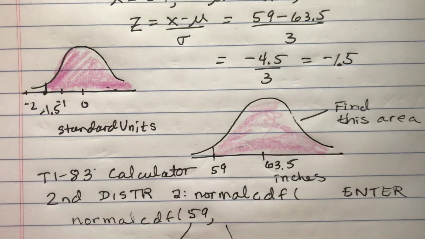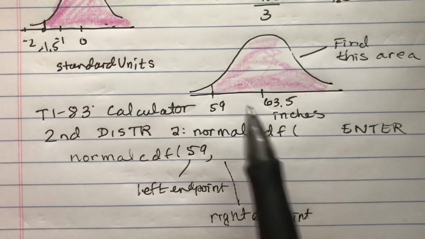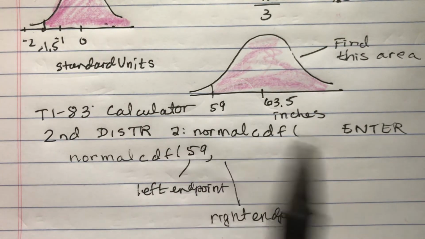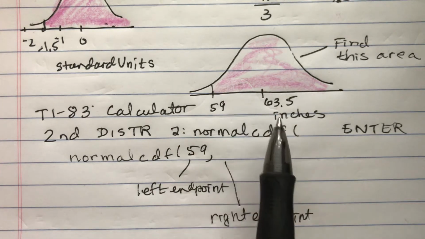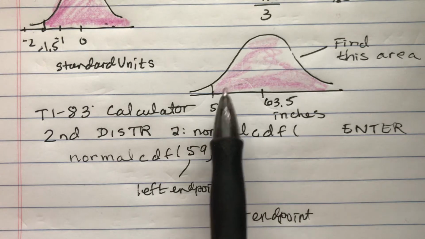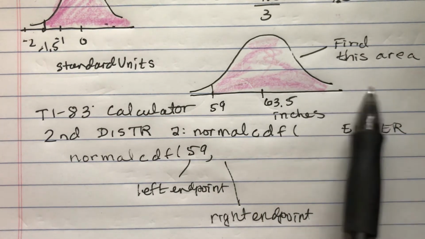And I need to put the right endpoint. Okay, so this is sort of a weird thing that, in fact, there is no right endpoint. Some calculators work it out, but let me just stick with this calculator. This calculator requires a left endpoint and a right endpoint, but this in fact goes on to infinity.